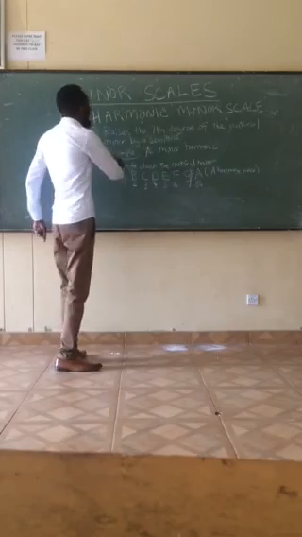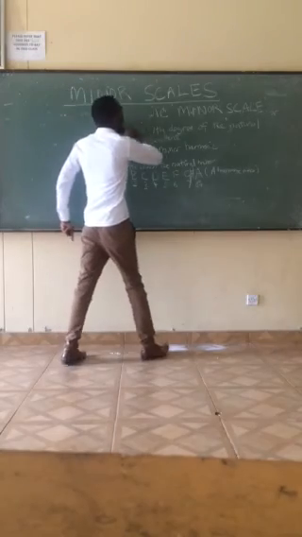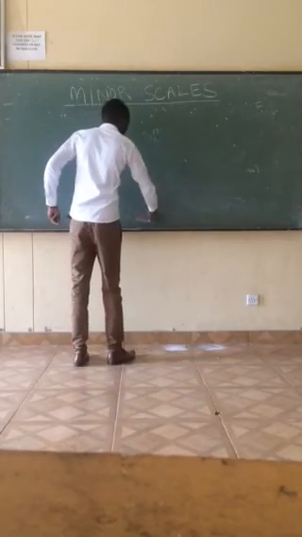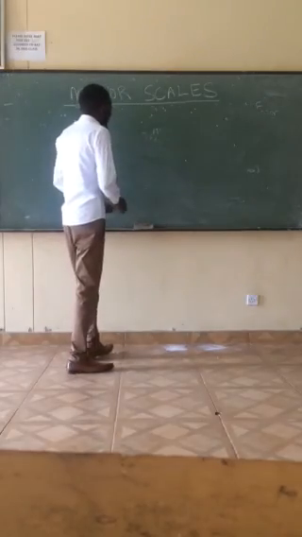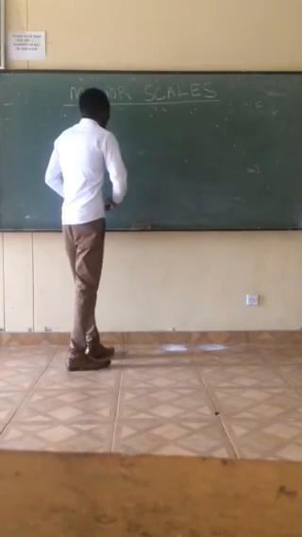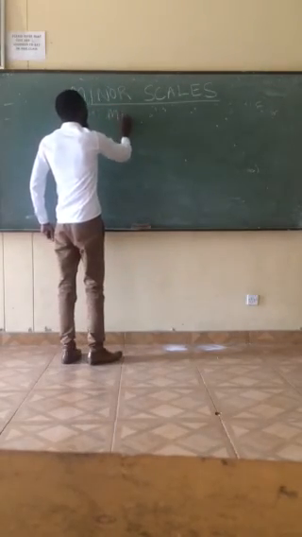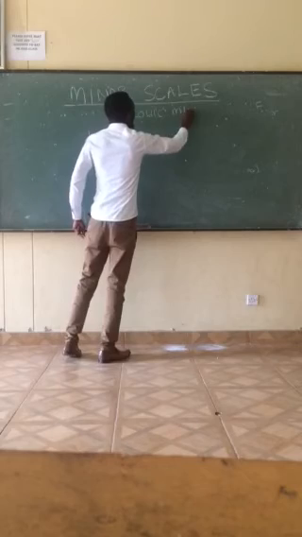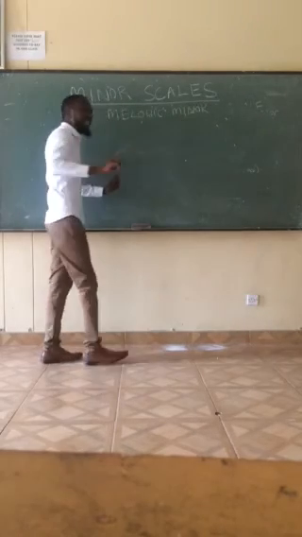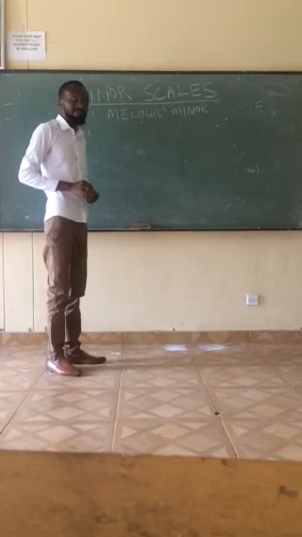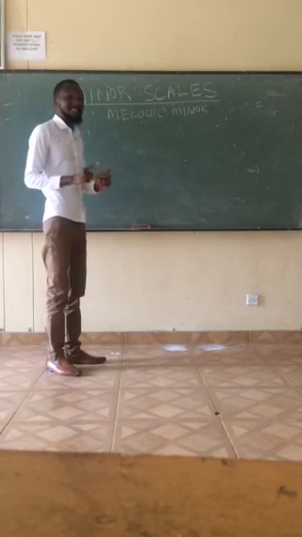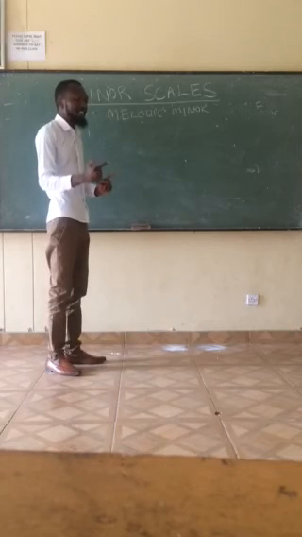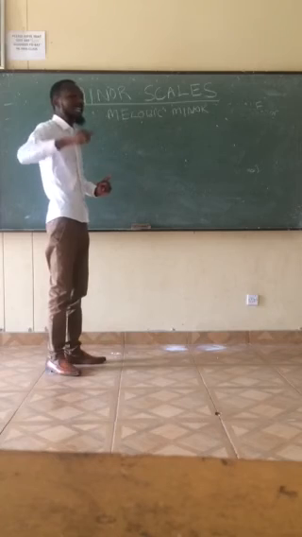We now go to the melodic minor. In melodic minor, note number 6 and 7 of the natural minor scale are raised by a semitone when ascending.